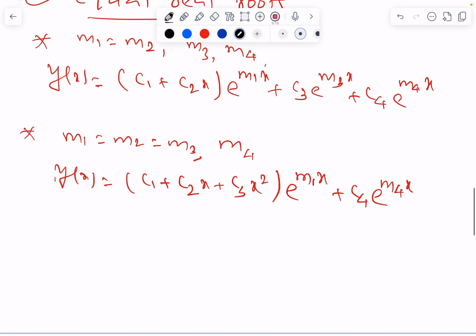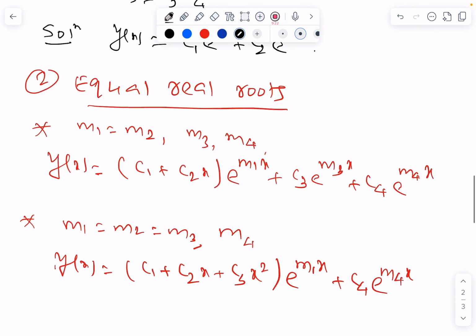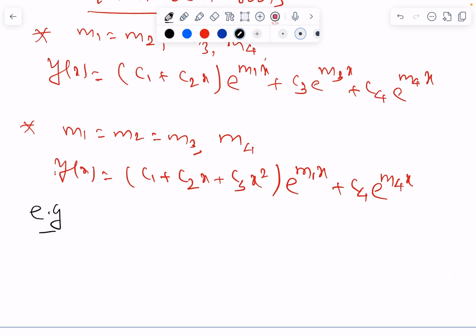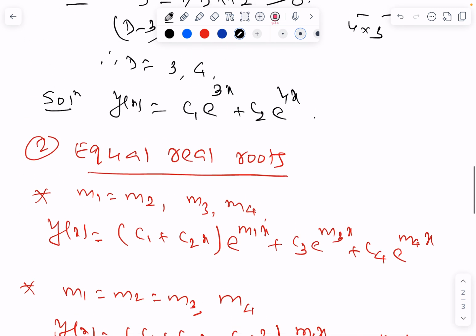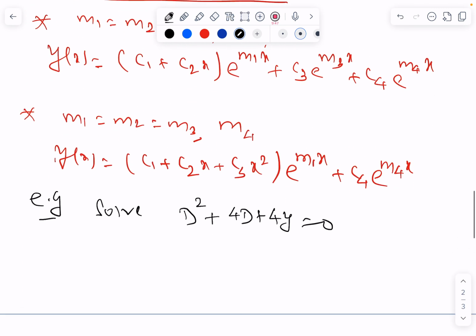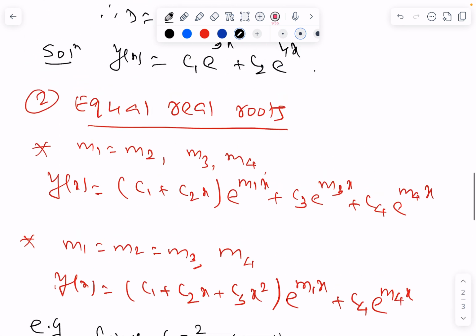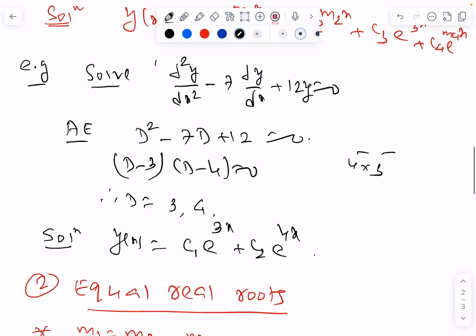So let us practice with an example like this. Solve D square plus 4D plus 4 applied to y equal to 0. This D is nothing but d by dx.